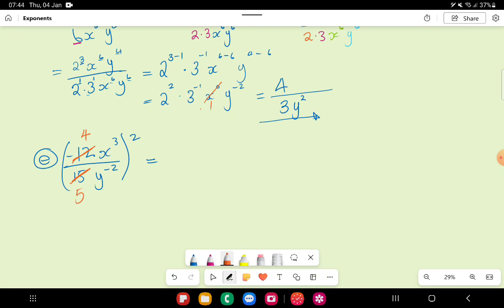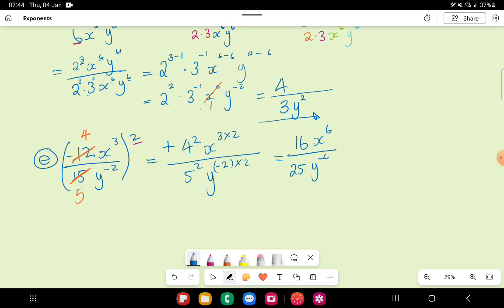Okay, now I'm going to work on this exponent, and I would say plus 4 squared x^(3 times 2) over 5 squared y^(minus 2 times 2). So this then becomes 4 squared is 16, x^6 over 25 y^(minus 4).